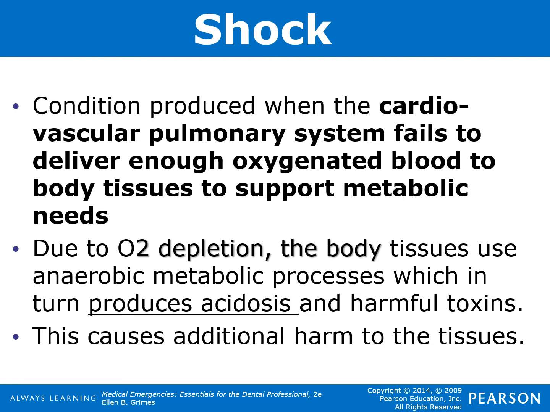So the heart and the lung system is what fails to deliver enough oxygenated blood to the body tissues. Due to the oxygen depletion, the body tissues use anaerobic metabolic processes, which in turn produce acidosis and harmful toxins. This causes additional harm to the tissues.